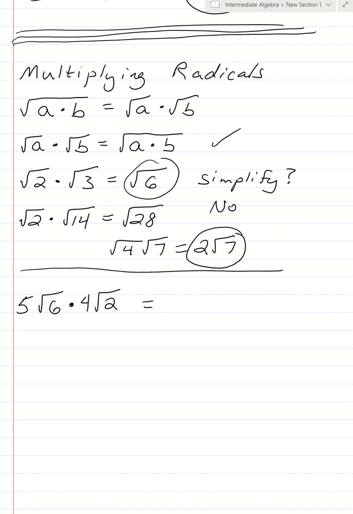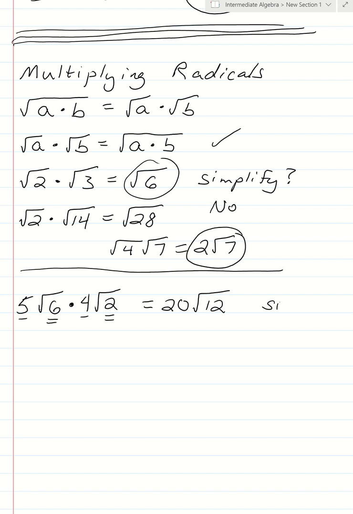Well, we're going to multiply the 5 and the 4, because both numbers are on the outside of the square roots, and that would give us a 20. But then we also have to multiply the 6 and the 2. If we multiply the square root of 6 times the square root of 2, that would give us a square root of 12. But now remember, here comes the big question.